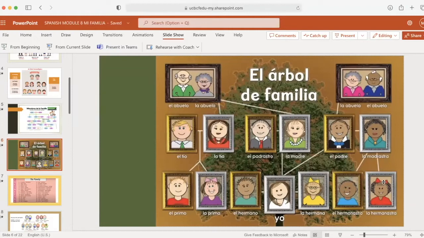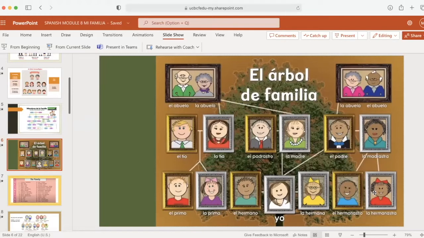And so, look at this arrow. La madrastra. Ayan. Your madrastra now has kids. And these, you can call them hermanastro and hermanastra. Okay? So question.